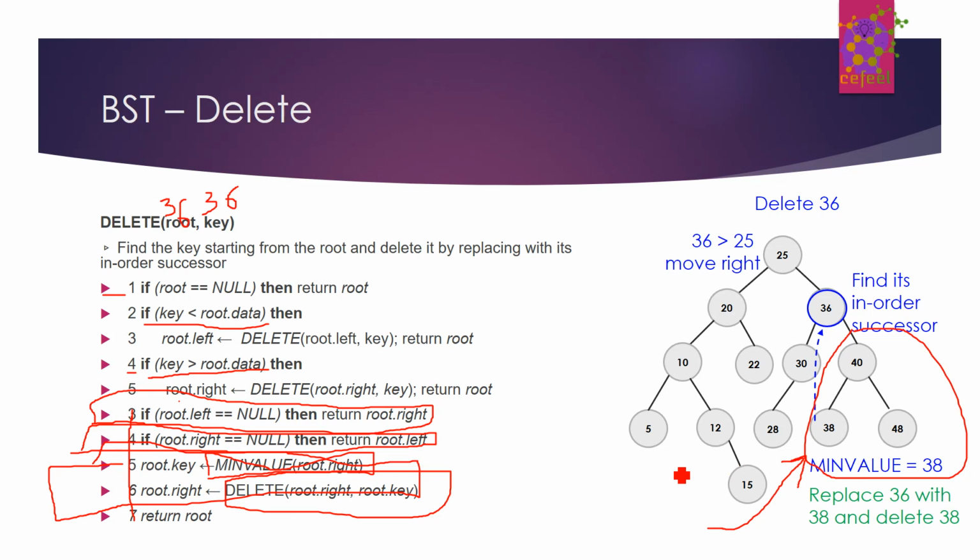Alright, cool. When the delete method is called here, it will finally delete the node 38, and the min value 38 will have replaced 36.